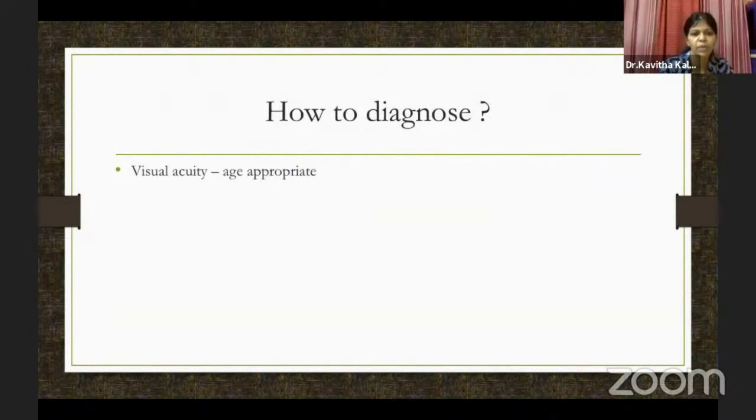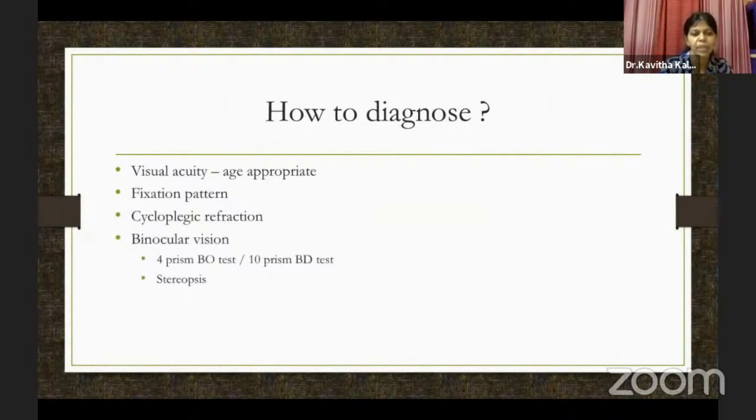Visual acuity using age-appropriate tests, fixation pattern when there is strabismus, cycloplegic refraction to see anisometropia or ametropia, and binocular tests like the 4-prism base out test, the 10-prism base down test, stereopsis tests, and of course the cover test and alternate cover test. All these tests help us to detect amblyopia, and of course a thorough slit lamp and fundus examination to rule out other causes of visual impairment.